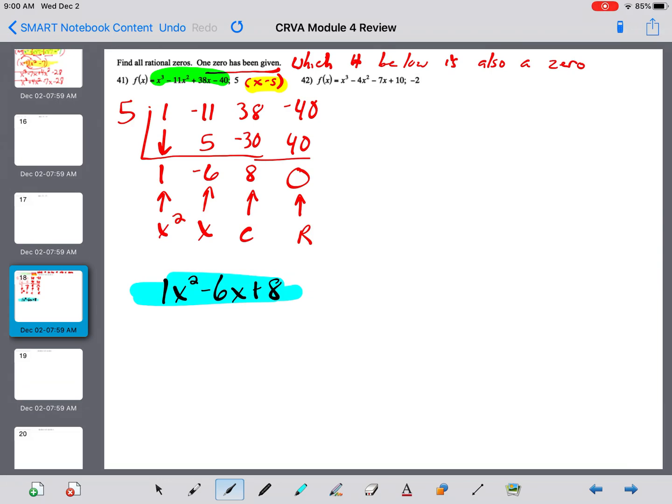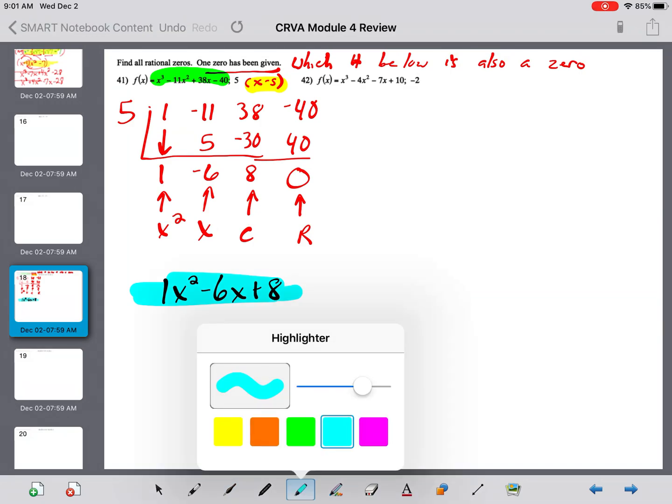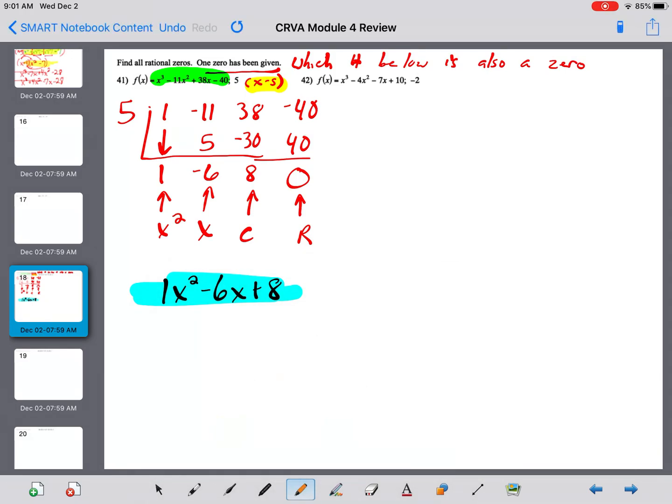In fact, off to the side, this stuff can be abstract for a lot of students. What might be good right now is to pause and just check that if you take the yellow highlighted function, x minus 5, and multiply it by the blue polynomial, it equals the green one. Just remember that was kind of a foundation of this synthetic stuff. This machine in here seems really weird, but it truly does divide out these polynomials when we do it correctly.